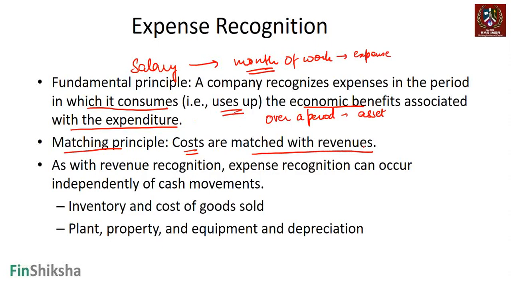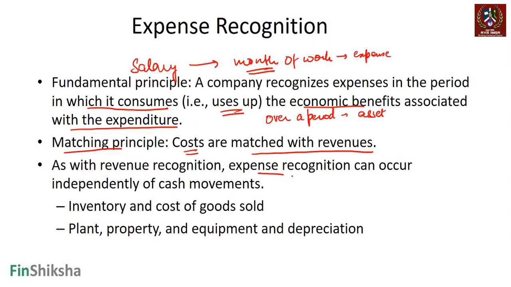If you are not matching the cost with revenue, there is going to be a problem. An offshoot of this will come in our next section as well, when we look at individual line items within the income statement and understand the importance of those line items. But as a simple principle around expenses, only those expenses have to be recognized which are in line with the revenues that have been booked, which have been incurred in order to get some revenues.